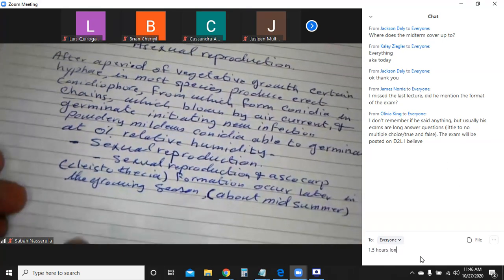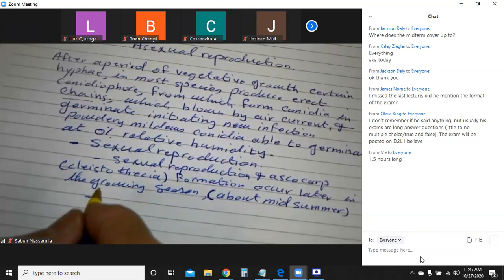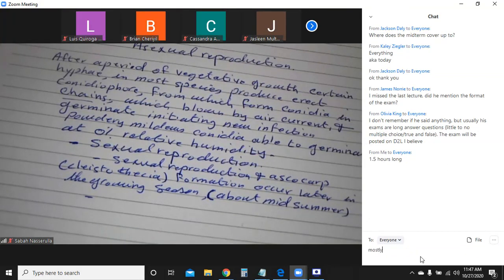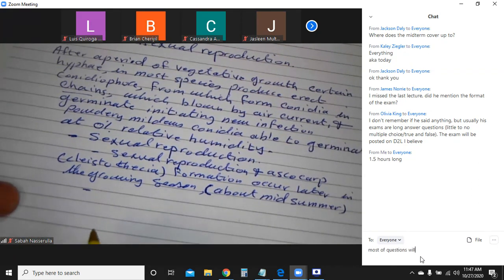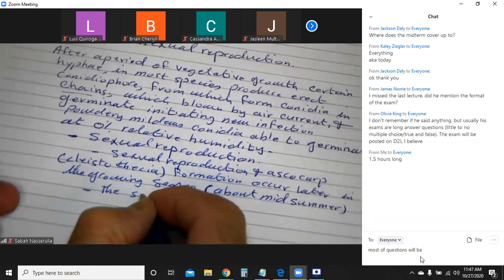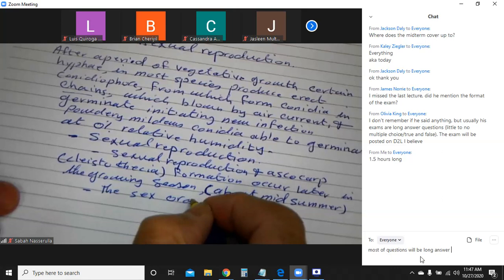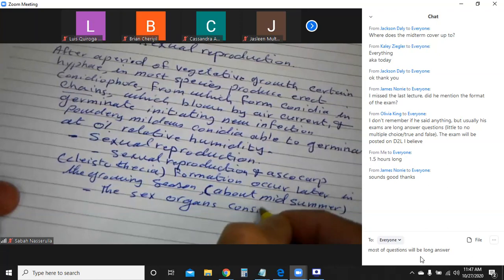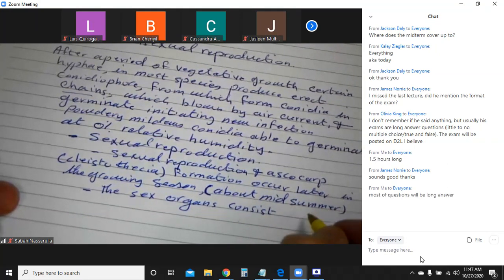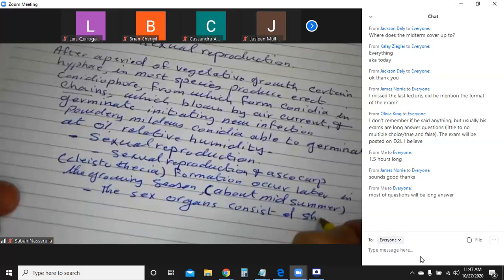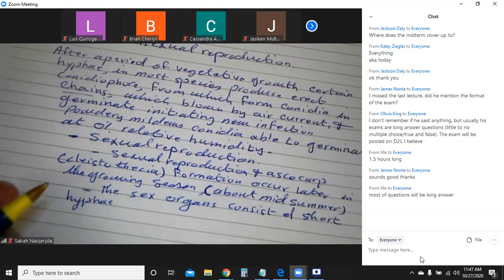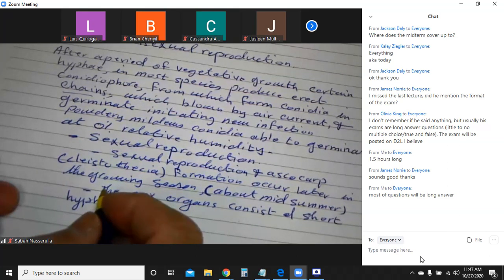Now, the other point I'm going to mention, as always, the sex organs basically include these two short hyphae, known as antheridium and ascogonium. The sex organs consist of short hyphae that curve around each other, as I showed to you.